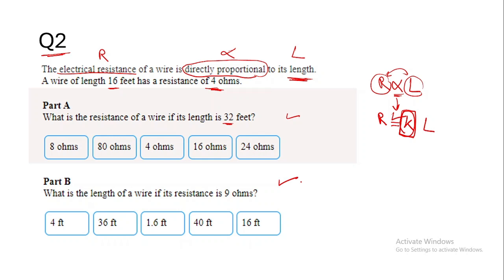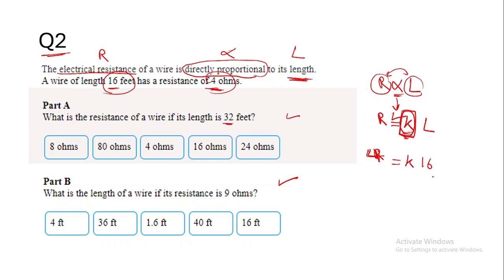Okay? So now let's start answering the question by getting the constant value. Now the first value here says that the length is 16 feet. So 16 feet, and the resistance is 4 ohm. So 4 equals k times 16.